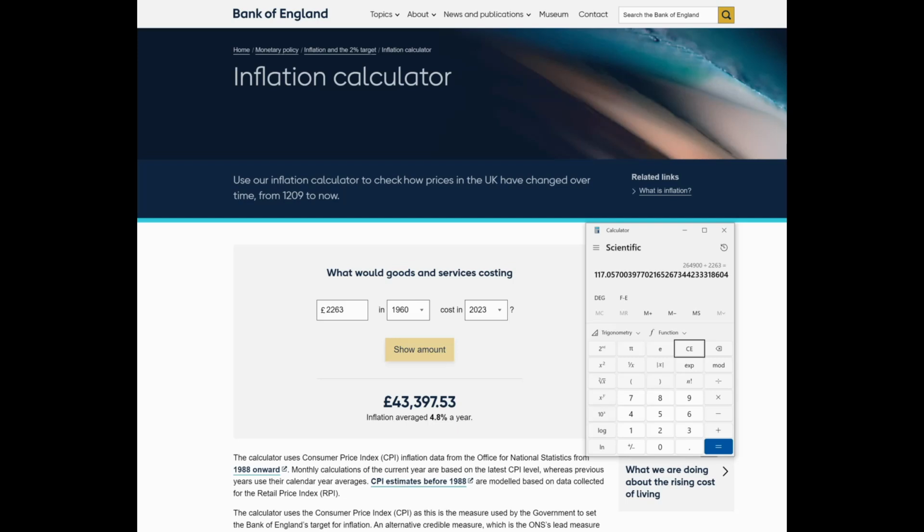So then what we do is we use the XY button, and then we simply paste the number that we had before, so the 1 divided by 63, which is the number of years, equals, and we've got 1.07.